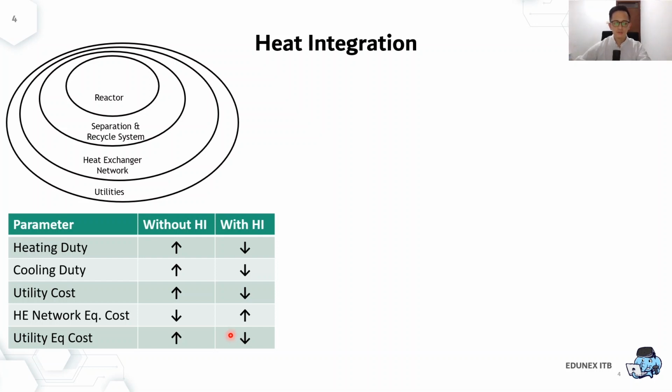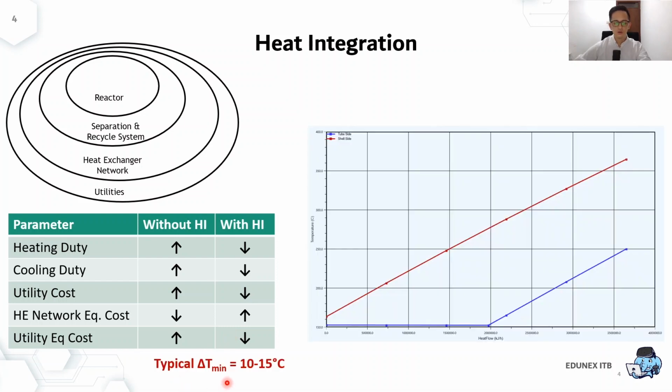So what will be the typical heat integration design? This is just a starting point. Probably the delta T minimum approach for the heat exchanger will be kept at about 10 to 15 degrees C. If you keep pushing those delta T to be as small as possible, you can recover more heat, but the consequence is that you will have a bigger heat exchanger and it will increase significantly.